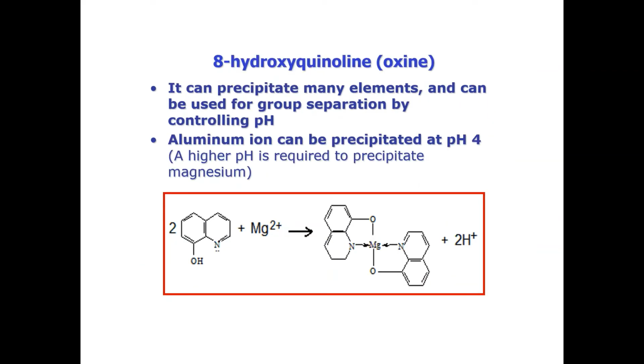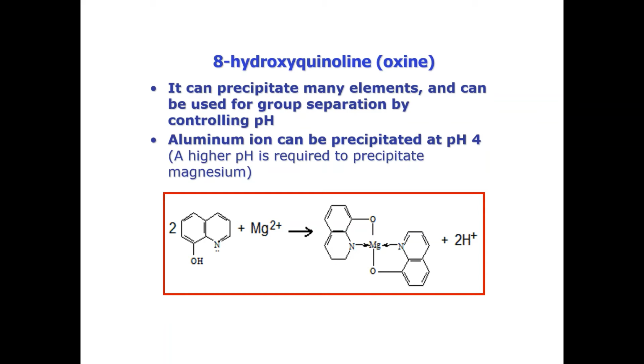Okay, example. Hydroxyquinoline, is it selective? No. It can precipitate out a lot of compounds. But it can be made slightly selective when we control the pH. So, an example: aluminum ion can be precipitated out at pH 4. So by controlling the pH, when at pH 4 we put it into a solution containing aluminum and magnesium, it will only precipitate out aluminum.